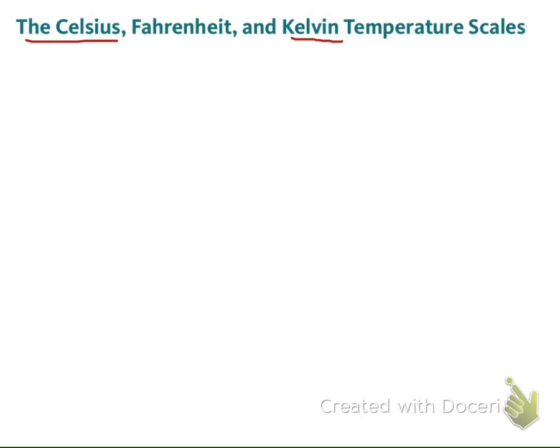The relation between the temperature in the Celsius scale and the Kelvin scale is, as we have discussed, T in Celsius is equal to T in Kelvin minus 273.16.